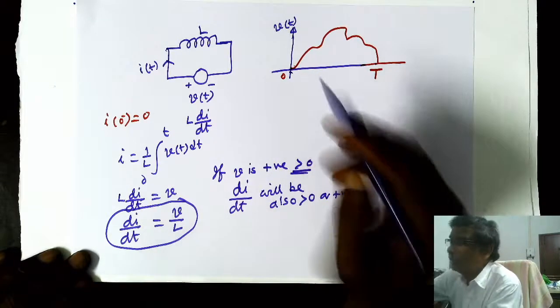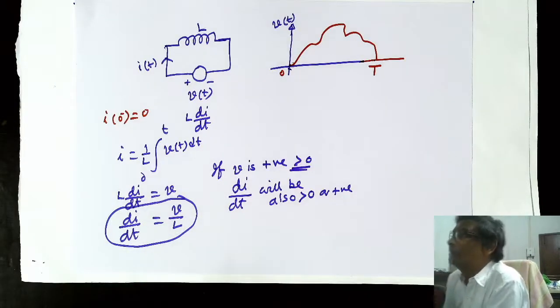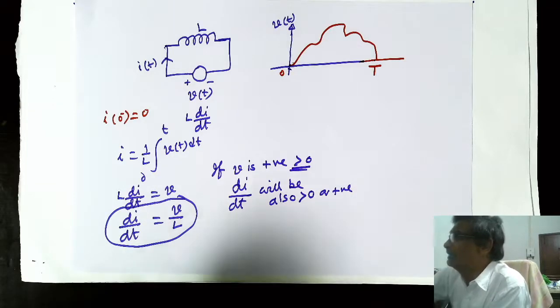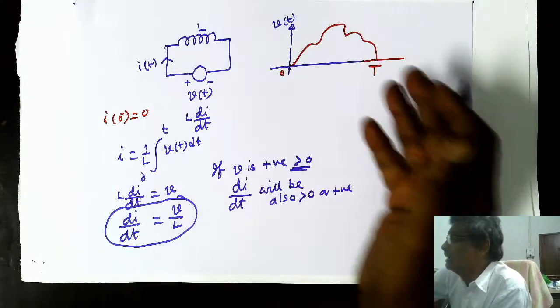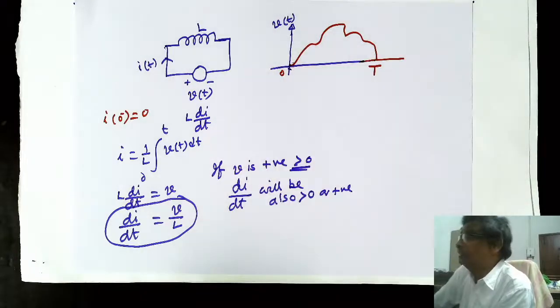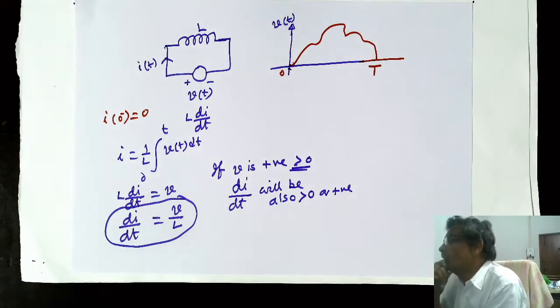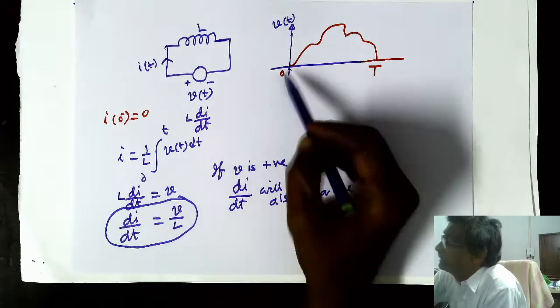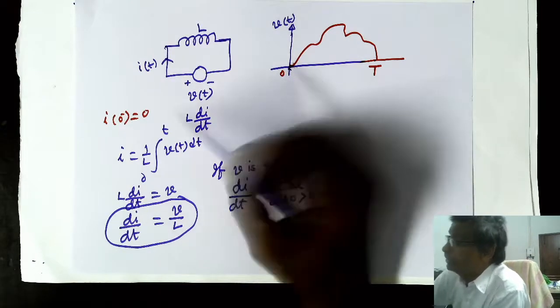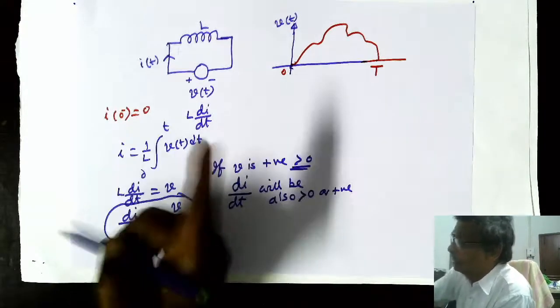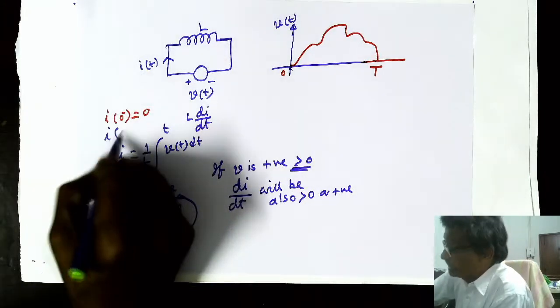I am crippled because you have not supplied me with this Vt, only some crazy waveform which remains positive during this interval 0 to capital T. Therefore, I can only say this much. The current starts increasing from 0 because I0 minus was 0, so I0 plus has to be 0.